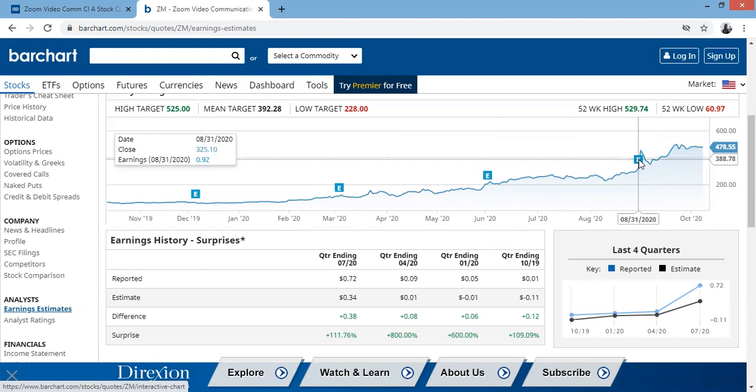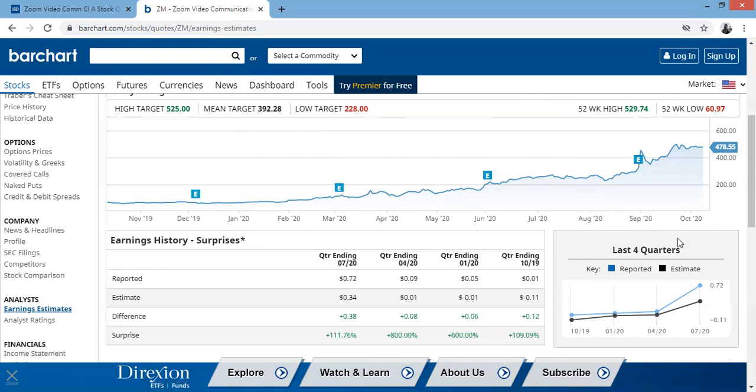And August of 2020, the earnings came in at 92 cents per share. Once you see your earnings going up consistently every quarter, the stock price should follow the earnings.